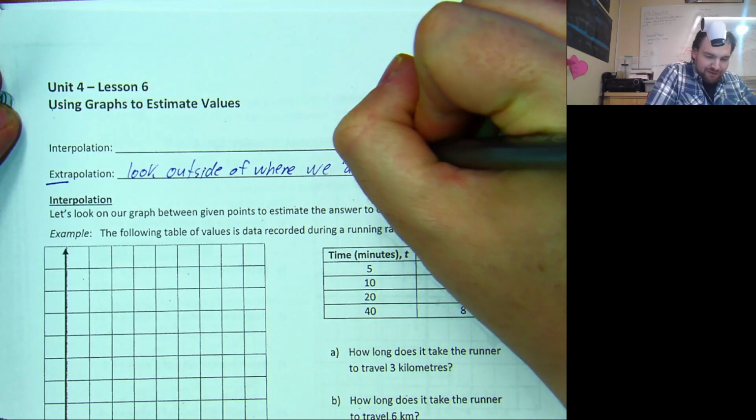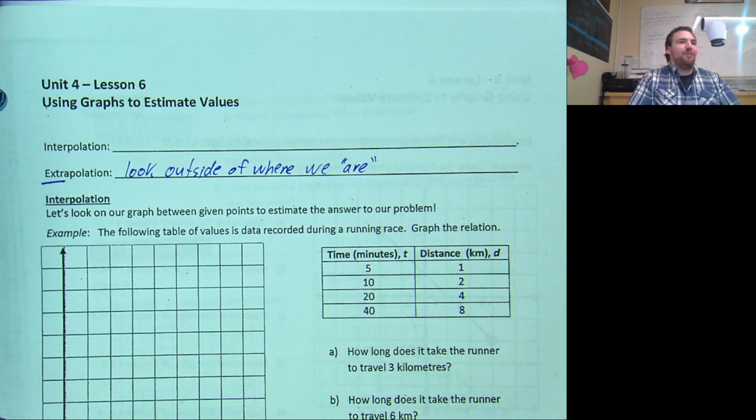And I'm going to put the "where" in quotes, because we're not in three-dimensional space. You're in my classroom, and we're not going to go look outside my classroom. But we're going to look outside of where we are in terms of the graph that we've created or given. So if extrapolation is to pull things outside or to look outside of where we are, what do you think interpolation might be?